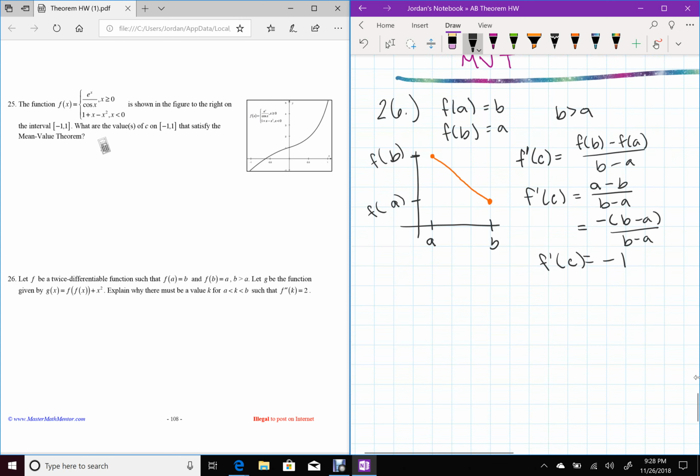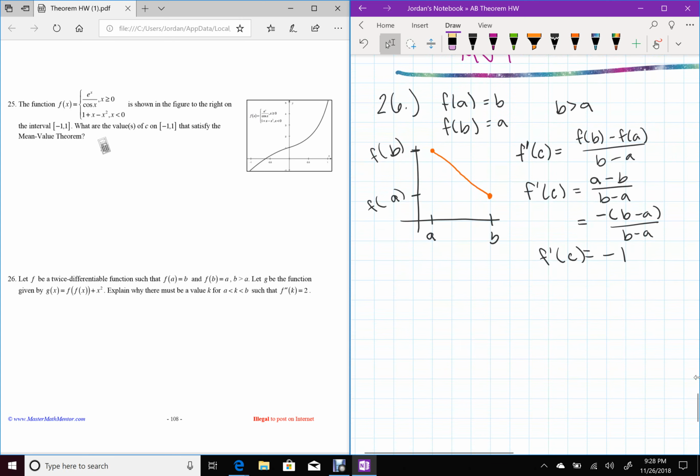Okay? So, with this information, I'm completely stumped, like you guys are, on how we use this information to get to the second derivative equaling 2. Because if you take the second derivative of this, you get 0. And 0 does not equal 2.